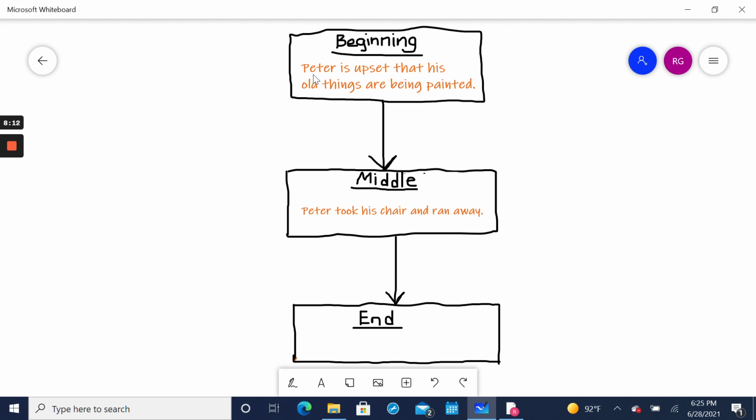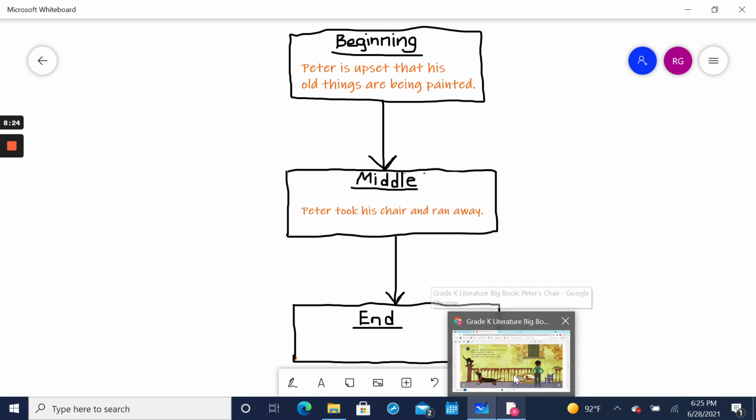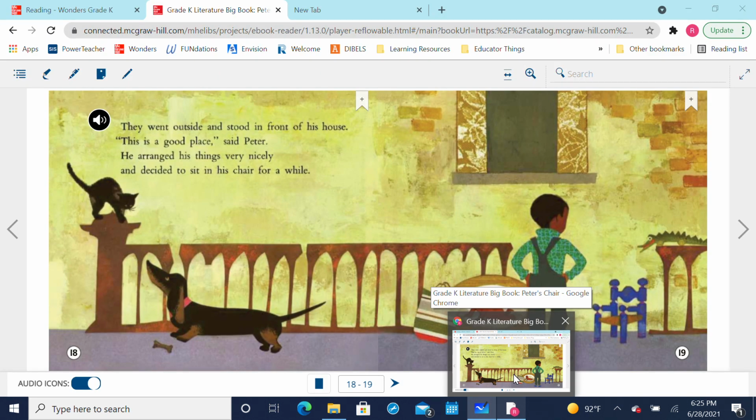So in the beginning of the story, Peter is upset that his old things are being painted. In the middle of the story, Peter took his chair and ran away. Let's keep going. I wonder what is going to happen at the end.